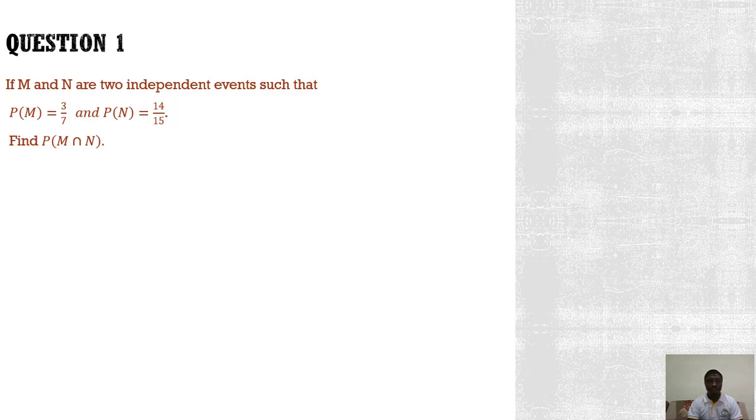Now let's look at the solution to this question. From the question, we were given probability of M to be equal to 3/7 and probability of N is equal to 14/15.